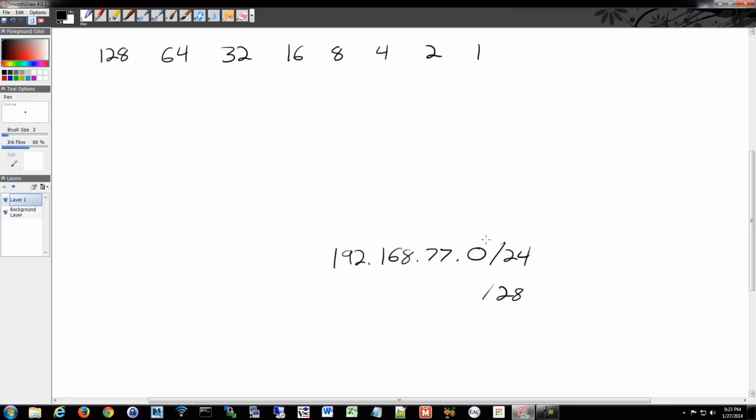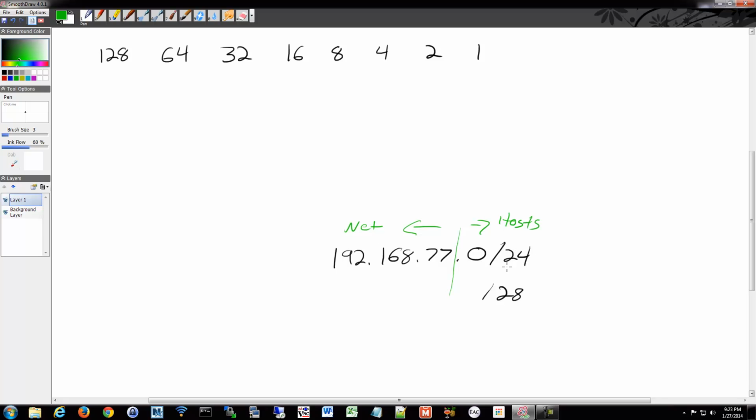So what does that mean? /24, we divided here. Remember, this is our division line. So all this was network and all this were hosts. Well, with a /28 we have to borrow a few bits from the host in order to make this work.